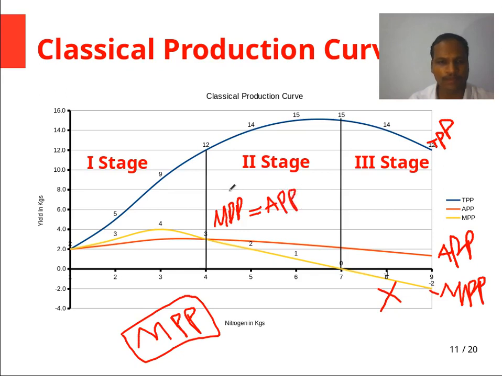So this is where the first stage ends. Then the second stage is when MPP equals 0. We draw a line where MPP equals 0. The third stage is when MPP becomes negative.